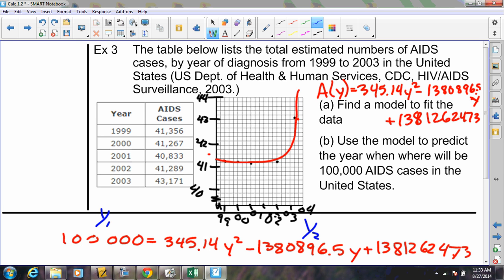Okay, so y1 is 100,000. y2, we'll type them in, 345.14 x squared minus 13808.965 plus 138,126,2473.